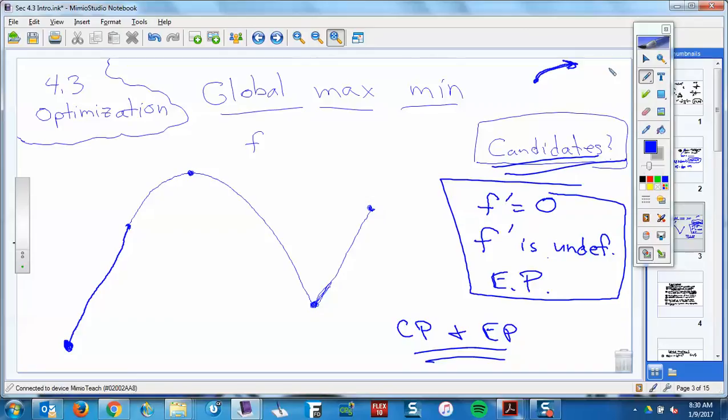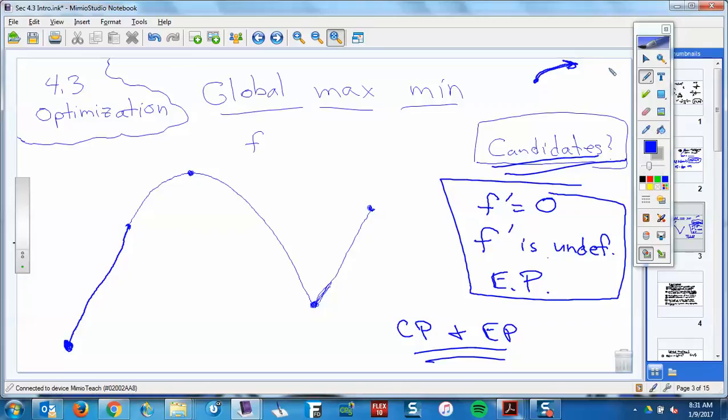It's 1. Its high point is 1. Now, it happens a bunch of times, but that's not what I said. When I say what is the global max, I'm talking about the y-value. There's one high point. It hits that high point several times, but there's one max value, and there's one min value, negative 1.